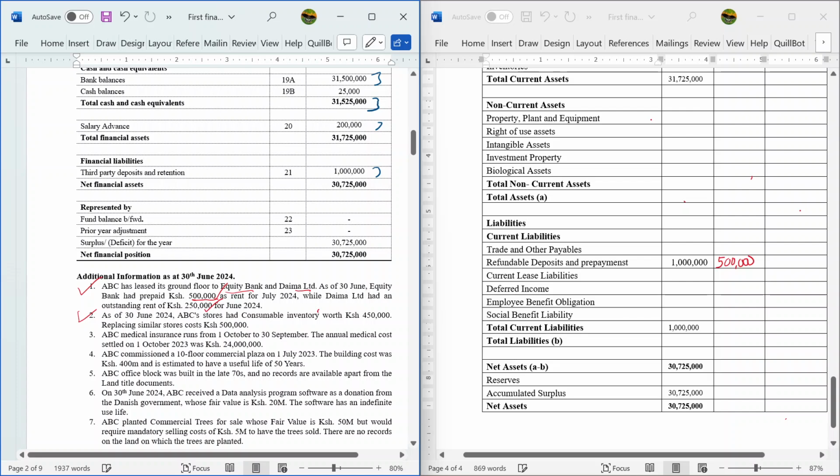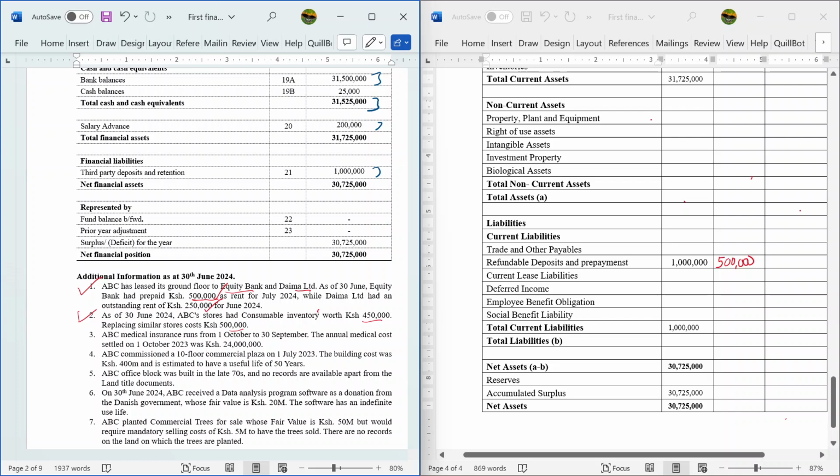Let us go to point number two. As of 30th June 2024, ABC stores had consumables inventory worth Kenyan shillings 500,000, but the replacement cost is similar at 450,000.